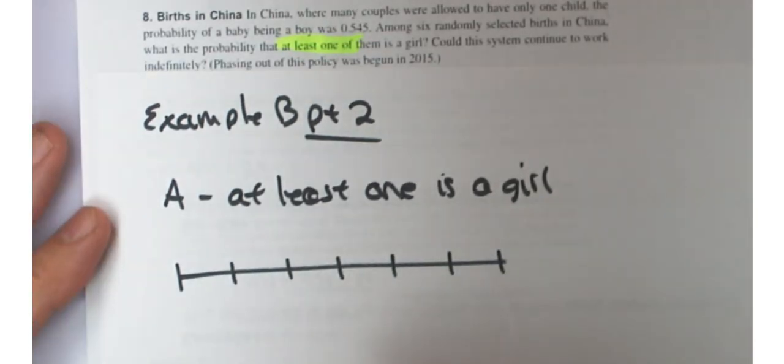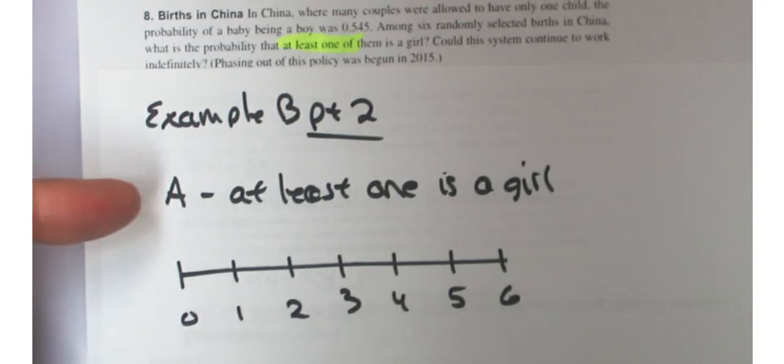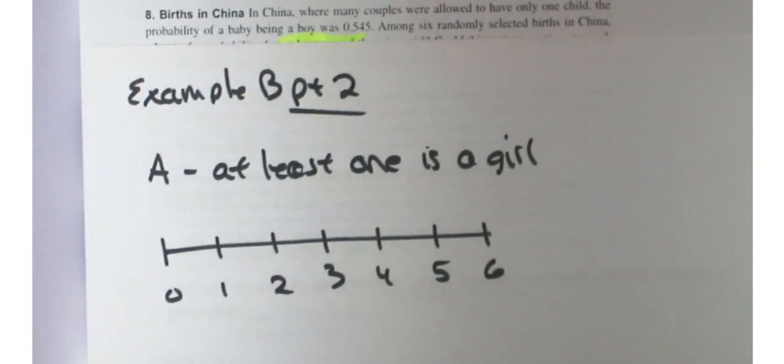You could get 0, 1, 2, 3, 4, 5, or 6. Circle on your own number line all the events that constitute at least one girl.